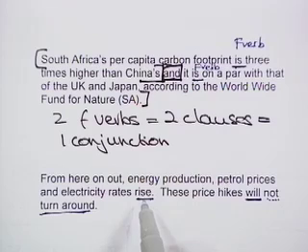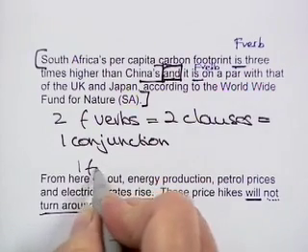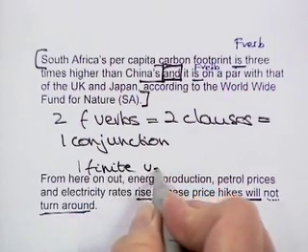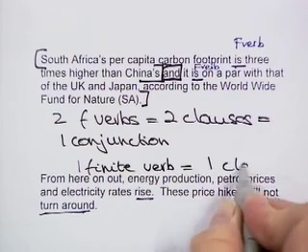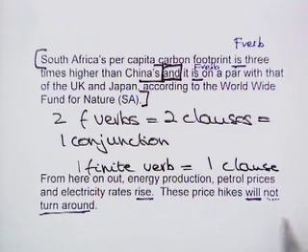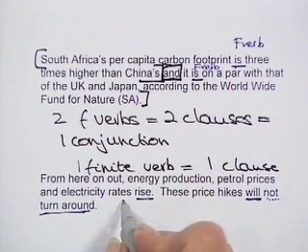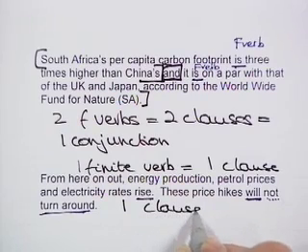Notice this is a sentence with only 1 finite verb. So what do we call that? We call that a simple sentence. Why? How many clauses has it got? 1 finite verb. How many clauses? 1 clause. So it's a simple sentence, 1 clause. What about the second sentence? These price hikes will not turn around. Again, simple sentence, 1 clause. Why is it only 1 clause? 1 finite verb.